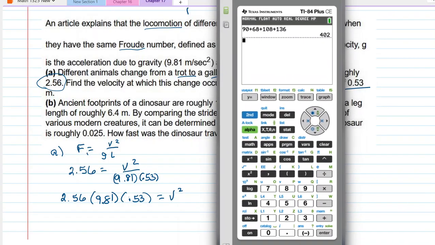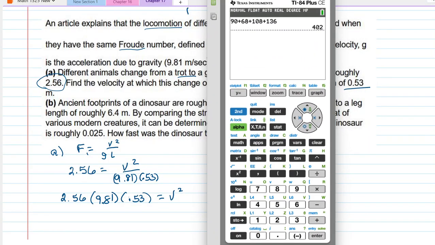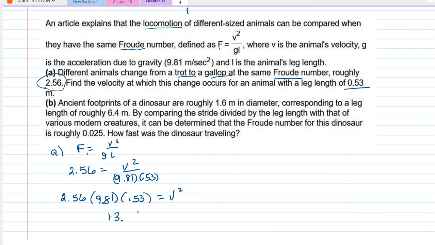Well, so I'm going to clear that and put the 256 times the 9.81 for gravity per meter squared times the leg of 0.53 meters. And we get this number, 13, and I already lost it.